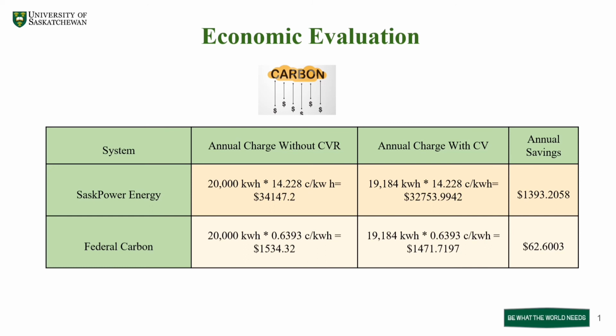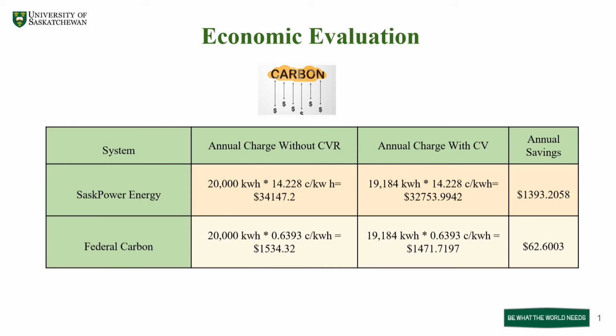The total energy usage, in kilowatt hours, per month of this panel is 20,000. We use the rate provided by SAS Power, 14.228 cents per kilowatt hour of energy consumed, to find out that the annual energy charge in dollars without CVR would be $34,147.2.